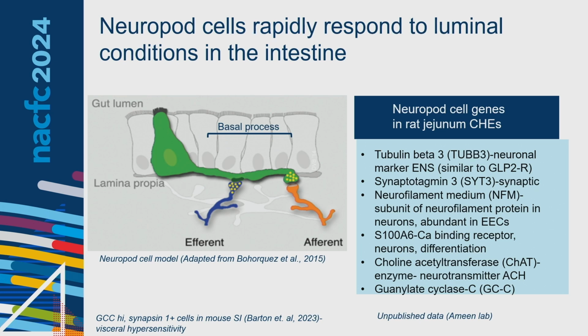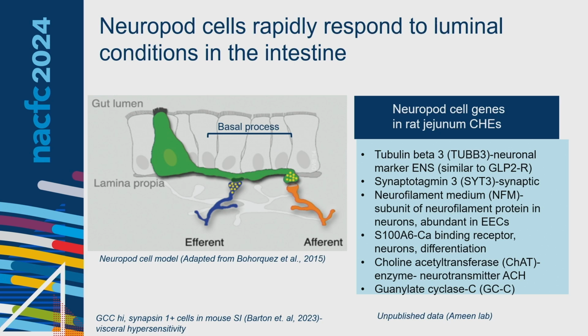Synaptotagmin 3, which is involved in synaptic transmission. Neurofilament medium, which is a subunit of neurofilament protein in neurons and abundant in EECs. S100A6, which is a calcium binding protein in neurons, also important in cell differentiation. CHAT, which is the enzyme that produces the neurotransmitter acetylcholine, and of course GCC.